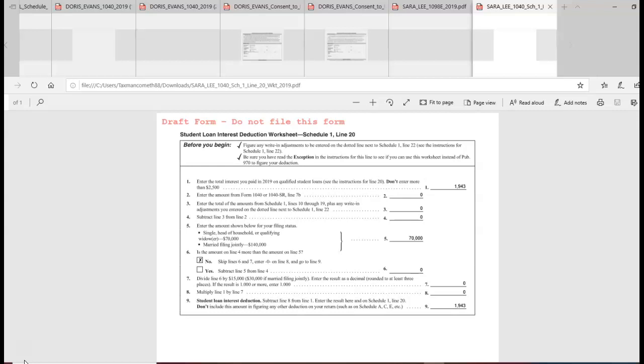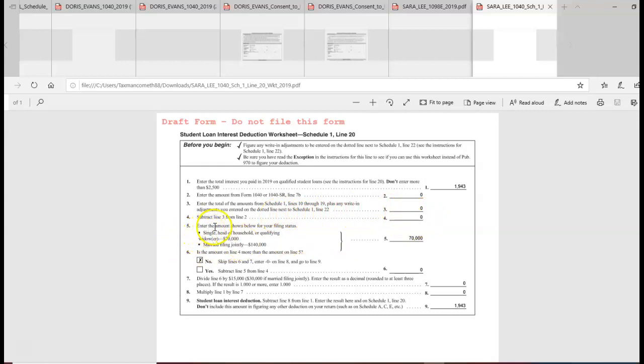Line 2 says enter the amount from Form 1040 or 1040-SR, line 7B. In this particular scenario it is 0. Line 3 says enter the total of the amounts from Schedule 1, lines 10 through 19, plus any write-in adjustments you entered on the dotted line next to Schedule 1, line 22, which is 0.